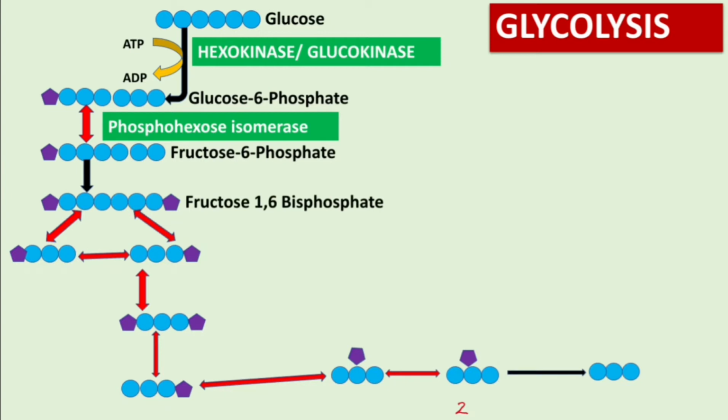So fructose 6-phosphate is converted to fructose 1,6-bisphosphate, not biphosphate, because biphosphate would mean the phosphates are close to one another, for example, one on carbon 6 and the next on carbon 5. But they are separate, at both ends here, so it's bisphosphate.